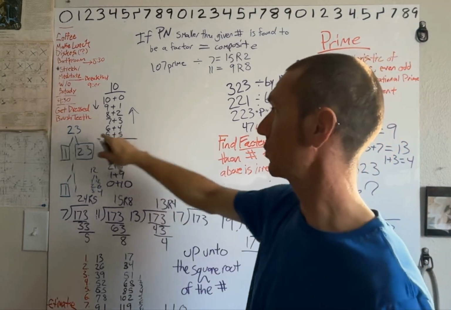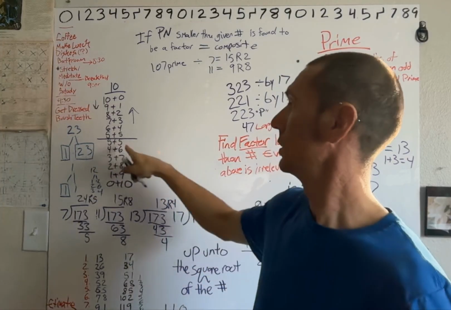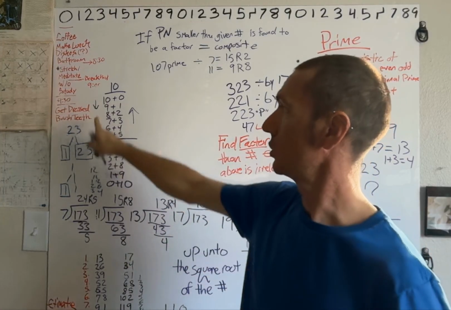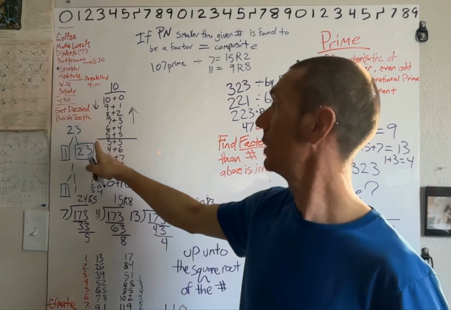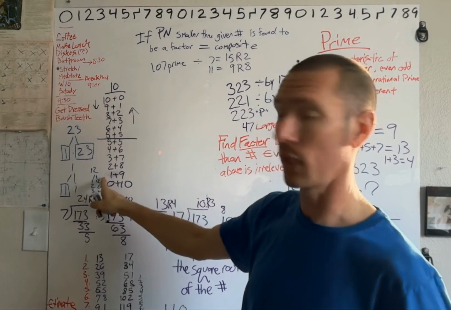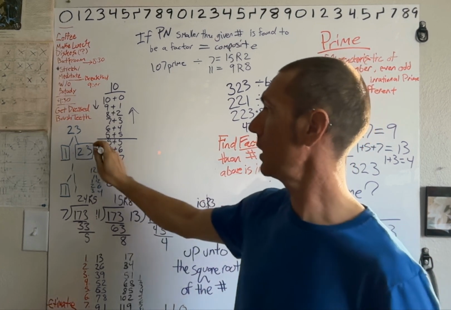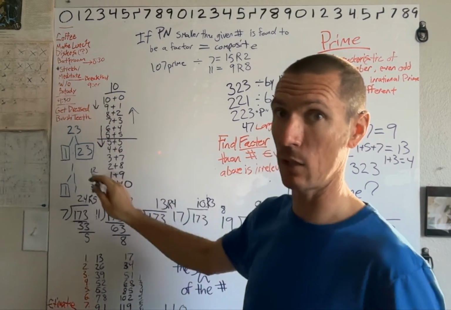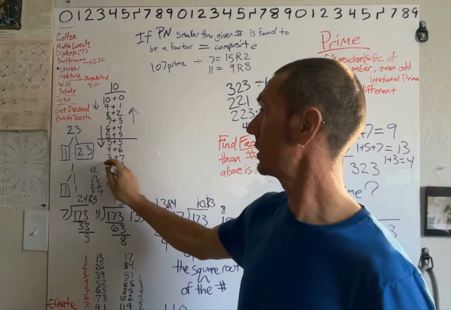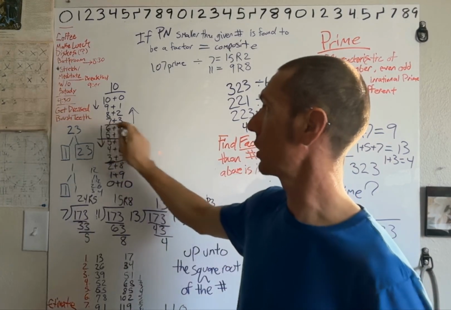So after you hit this halfway point, they're just going to mirror each other. We started at 10 on the left and we went down to 5, and now after 5 you're going to go down to 0. But if we keep going down, we're going to hit 3 plus 7, but 3 plus 7 has already been satisfied.